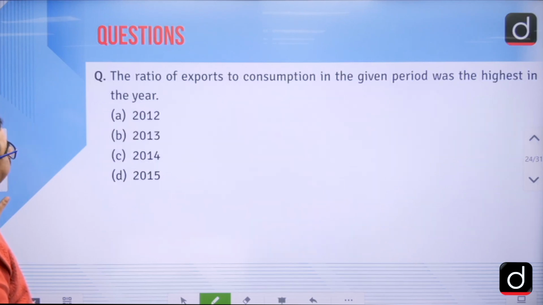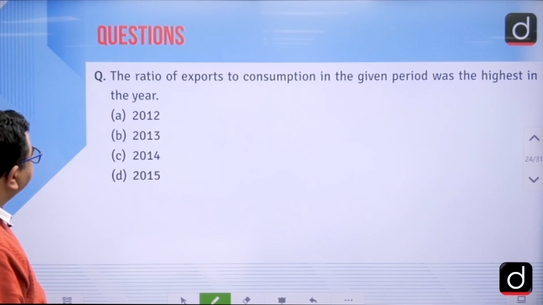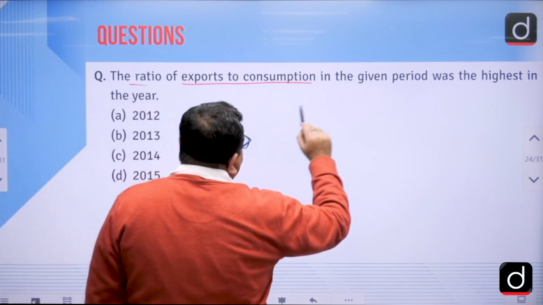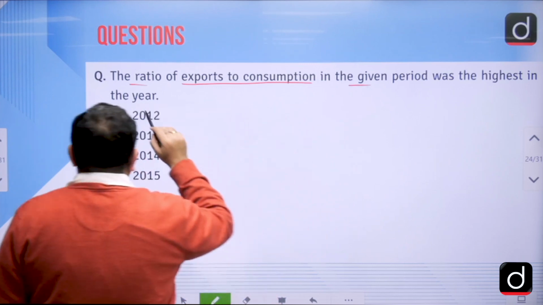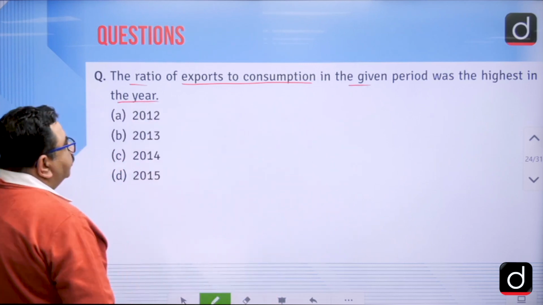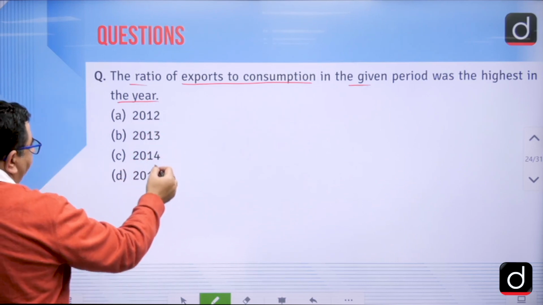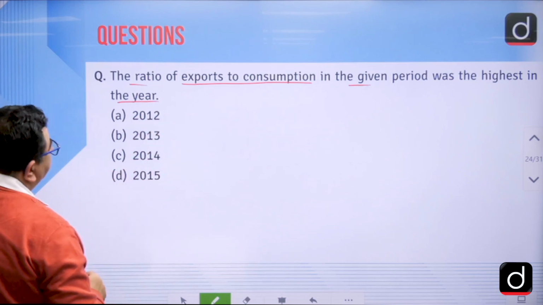Again the same table. Now in this, the ratio of exports to consumption in the given period was the highest in the year. Exports to consumption, and we have to find for 12, 13, 14 and 15 only.